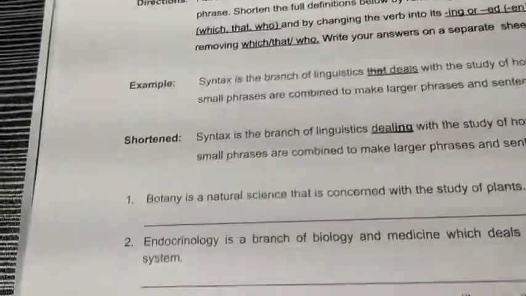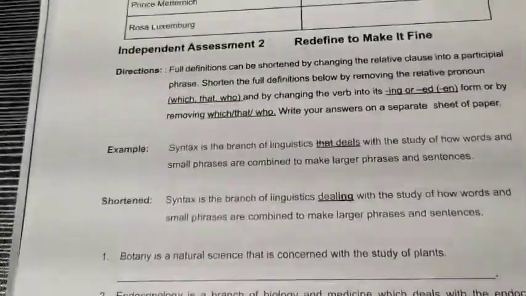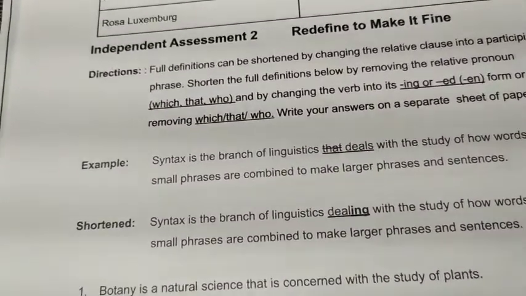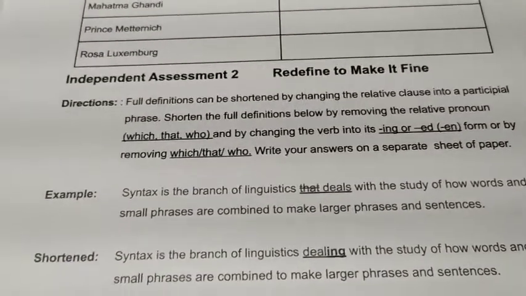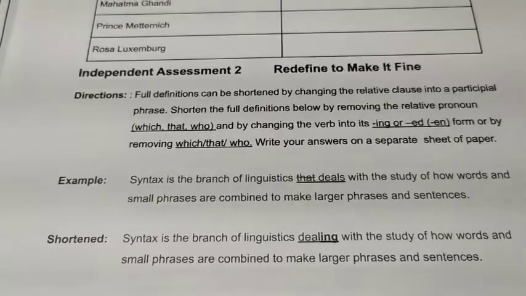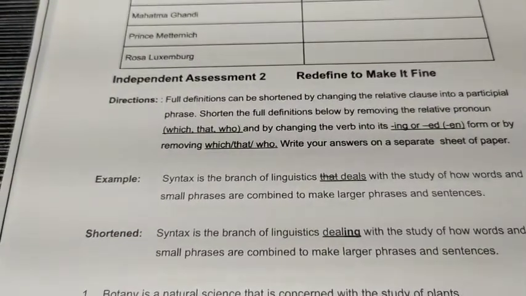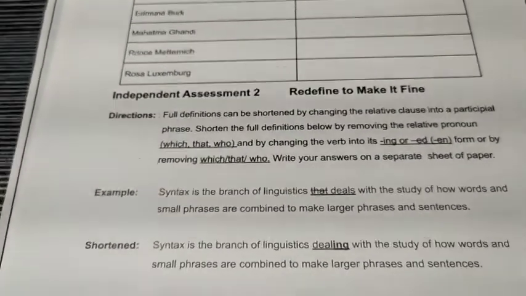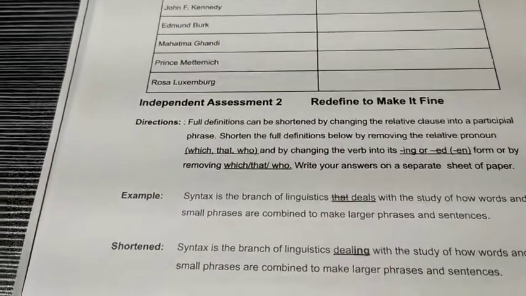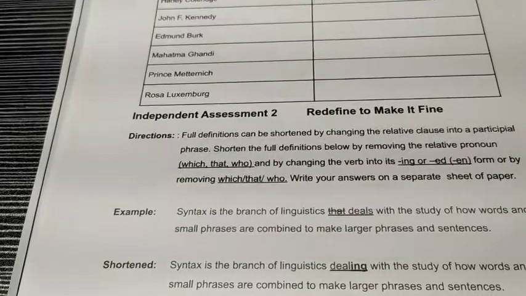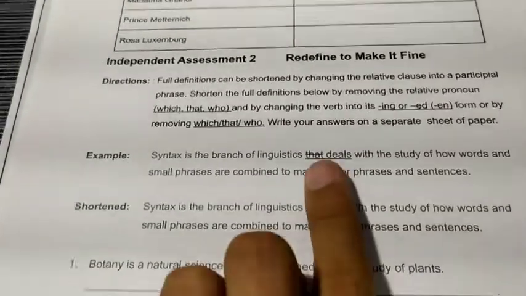For example, syntax is the branch of linguistics that deals with the study of how words and small phrases are combined to make larger phrases and sentences. You can simply remove that, then dealing with. So instead of having two words, you will have a single word only.